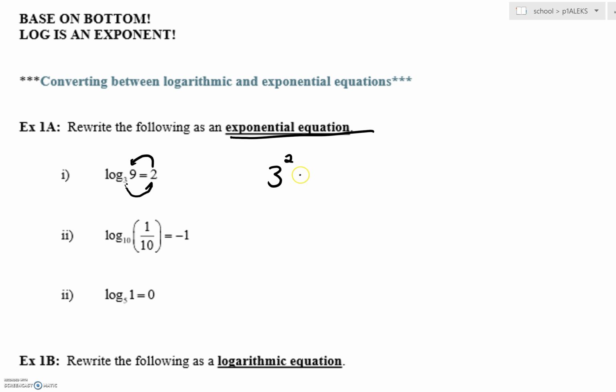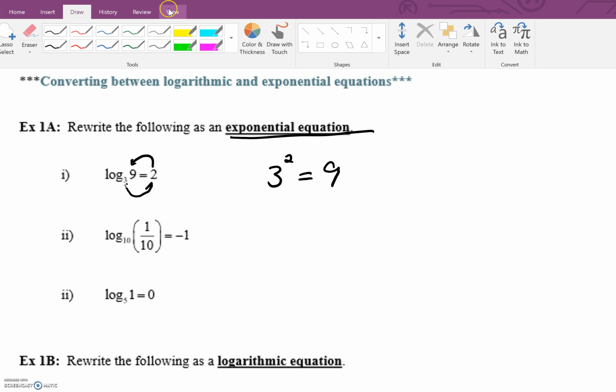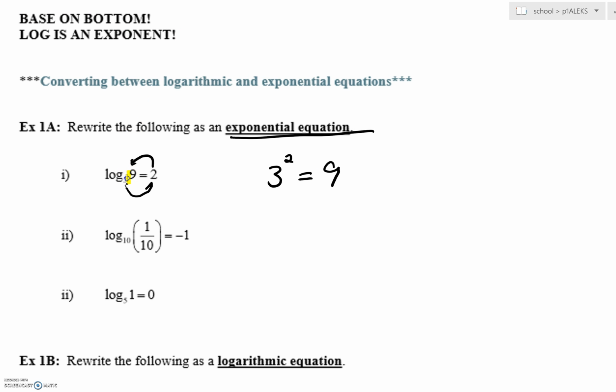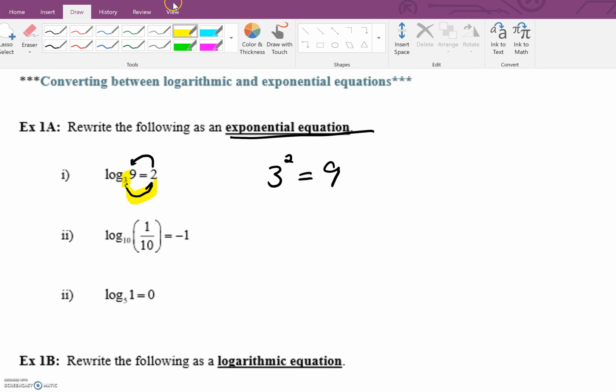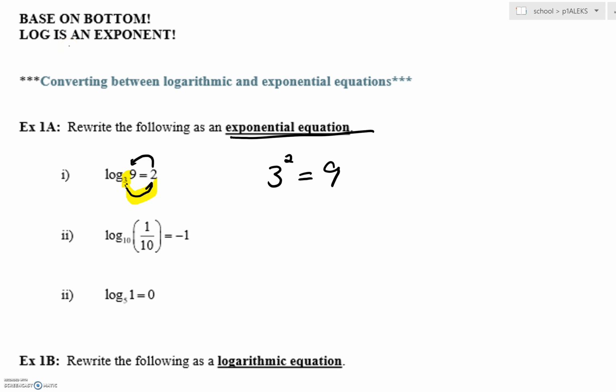The second equals 9. Notice what we did. We start down here at the base. We raise it up to this number right here. Then we set it equal to 9. Kids will say, what is this logarithm stuff? It's just another way of expressing that exponent.